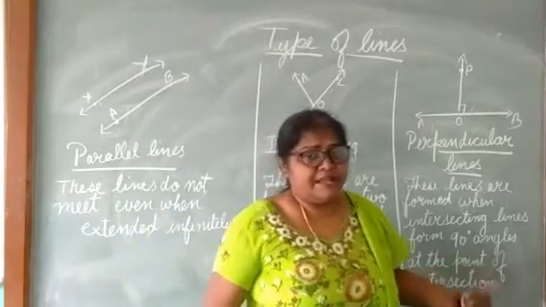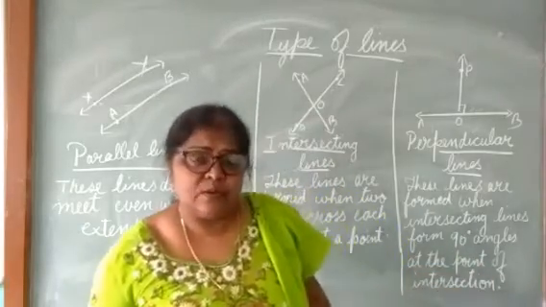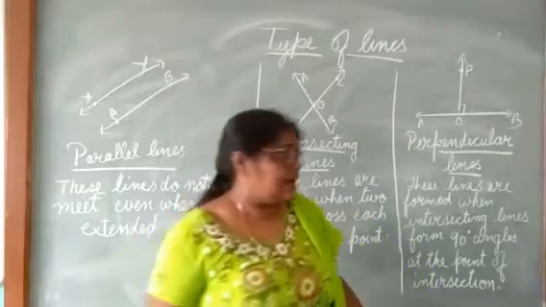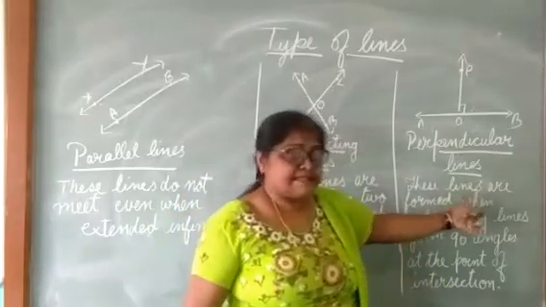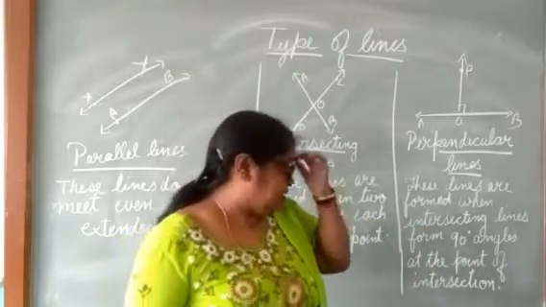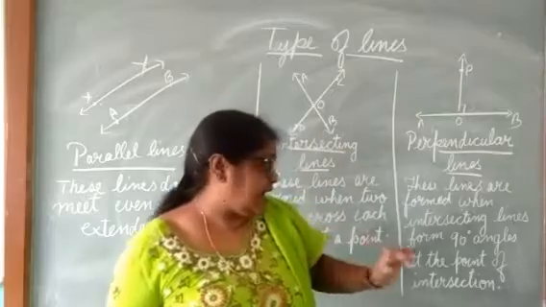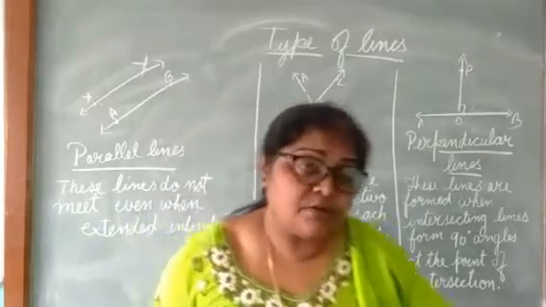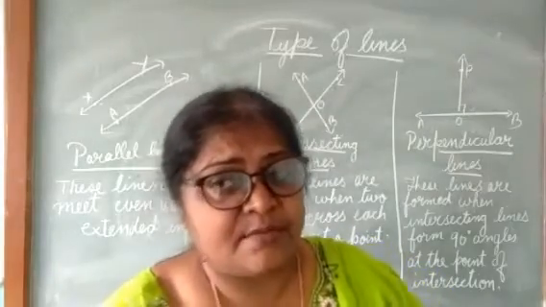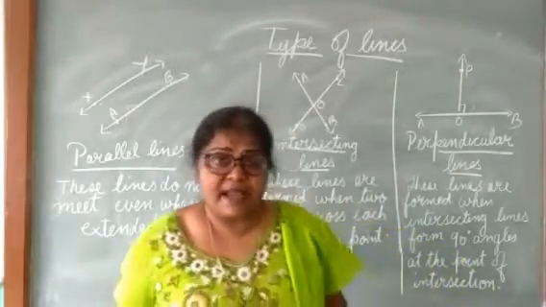So this type of line is known as perpendicular line. These lines are formed when intersecting lines form a 90-degree angle at the point of intersection.